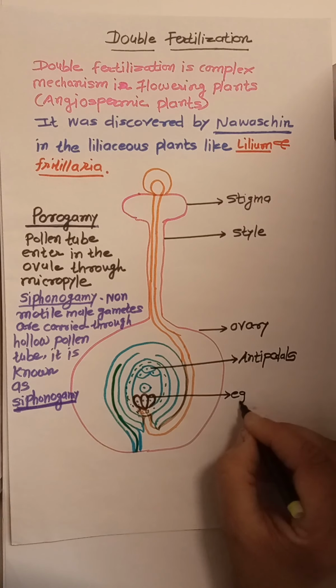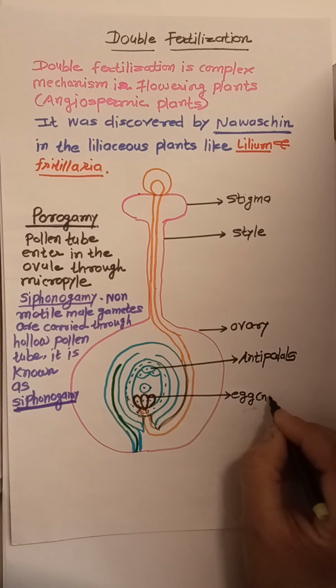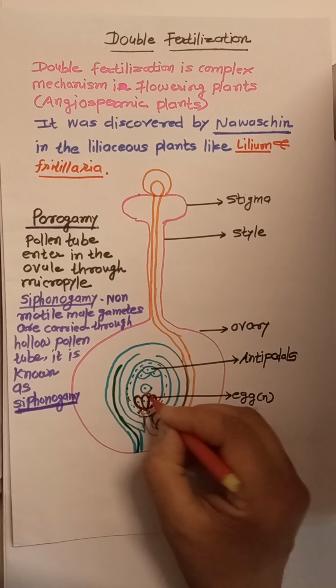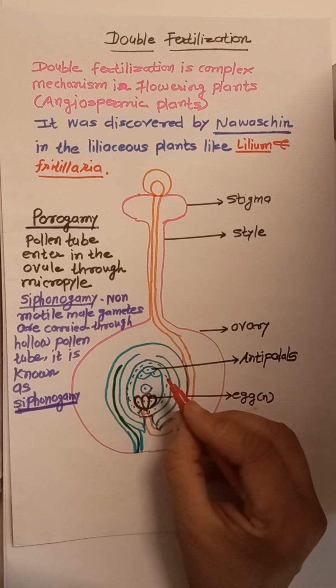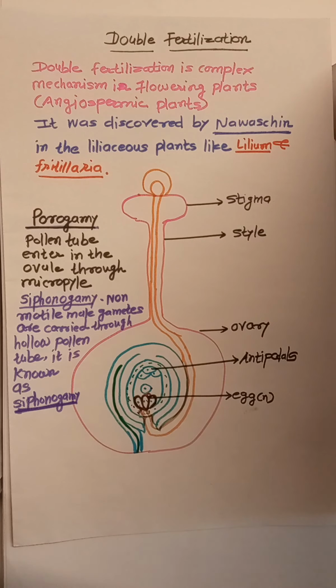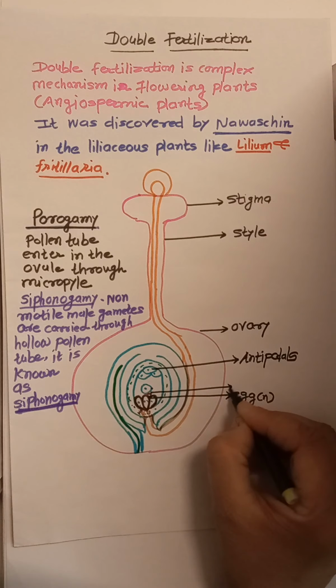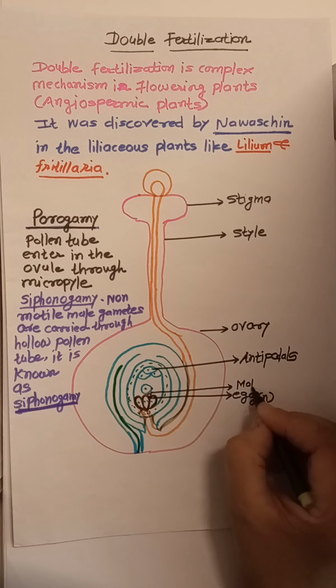Egg is haploid, and see, this is one male gamete which fuses with egg.